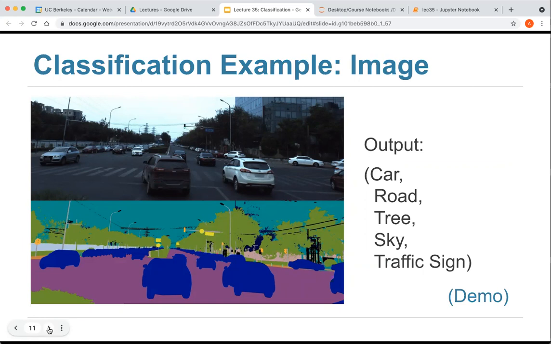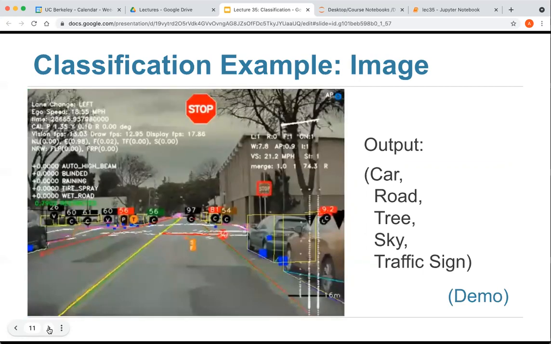And here is a picture from what it looks like in the camera of a self-driving car. And you can see that it has blocked off groups of pixels. This group of pixels is one block, a sort of 3D block, and it thinks it's a car. Here is something in red, that's a stop sign. It's concluding stop.